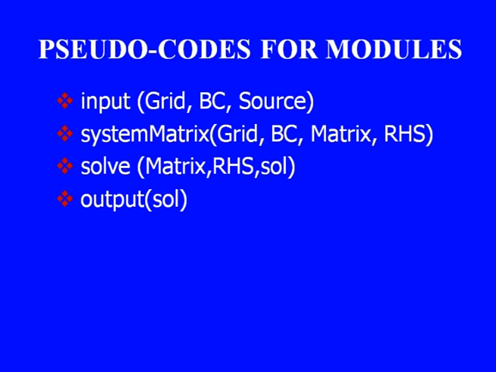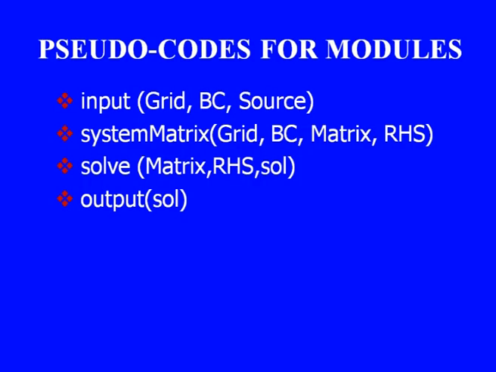So now these are our modules which we have decided we are going to put in. The first module we called input, which will read the input data for grid, boundary conditions and sources. The second one was our system matrix, to which we would provide our grid data, BC type, matrix and right hand side vector.